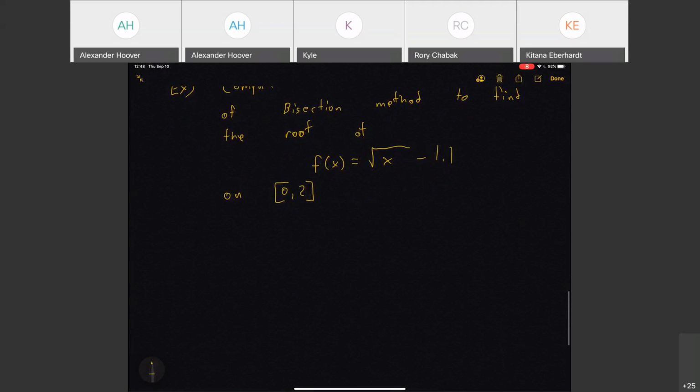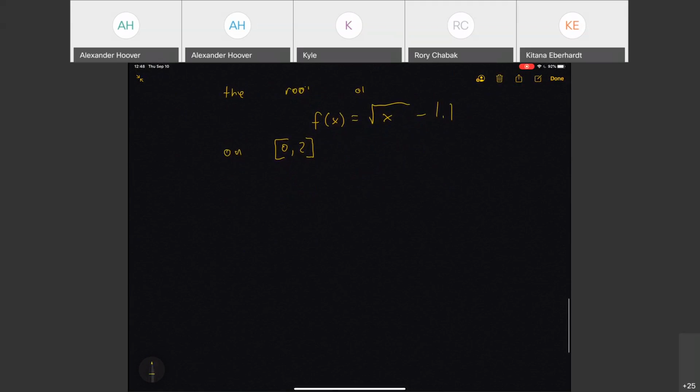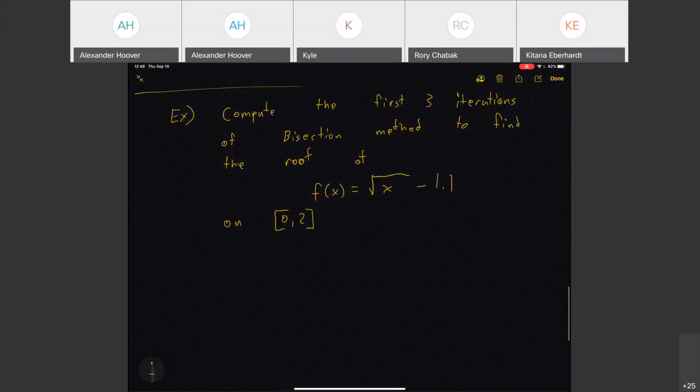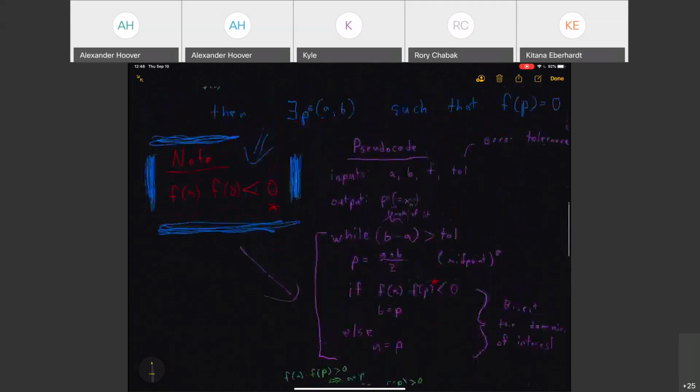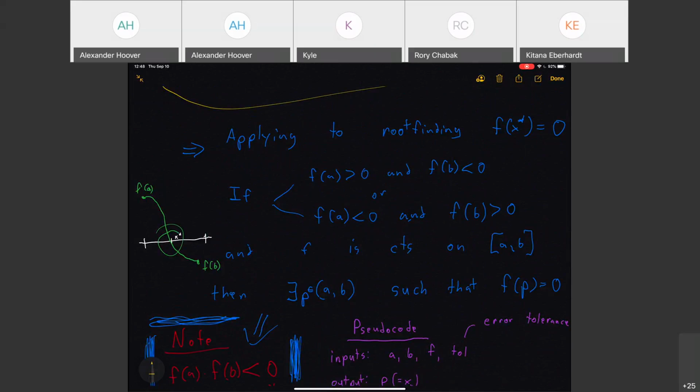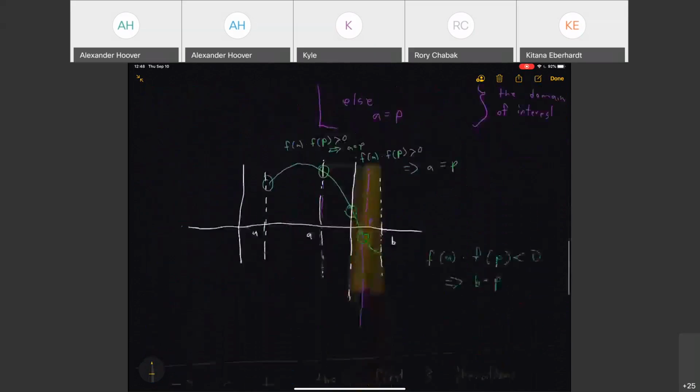One thing to keep in mind is you want to make sure that your conditions are all set. What do we need? These two things are essential for what we're doing.